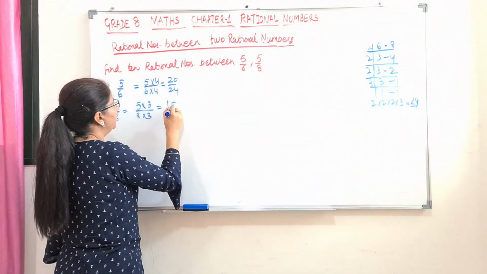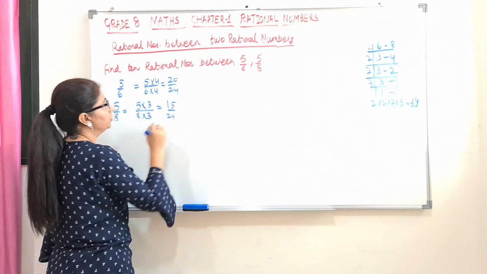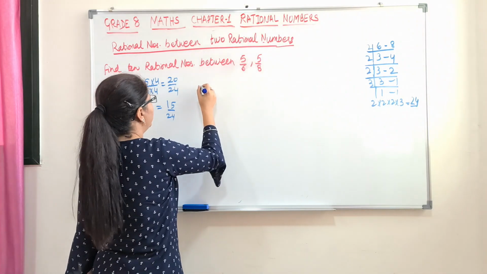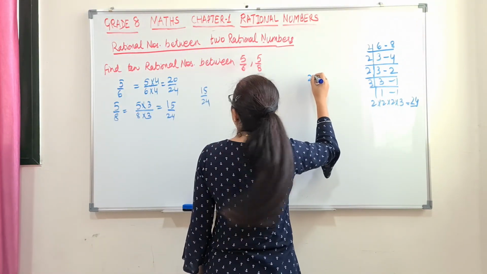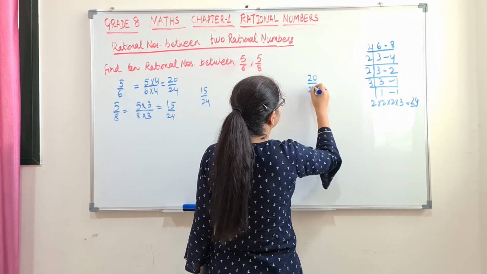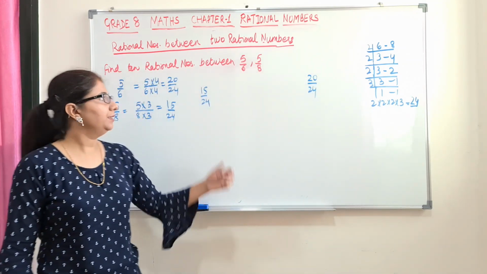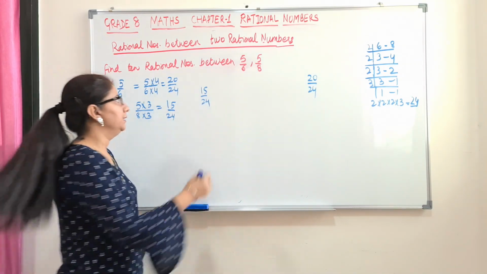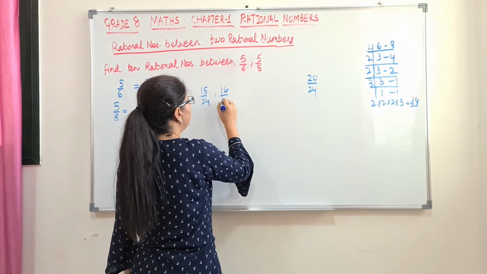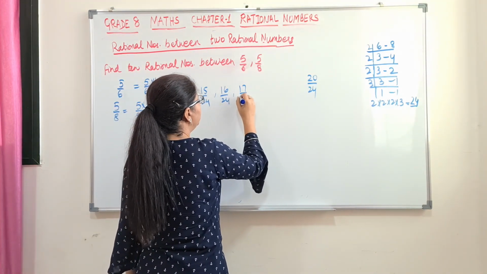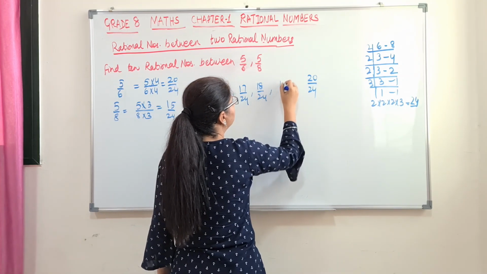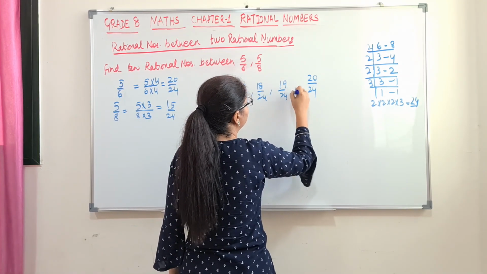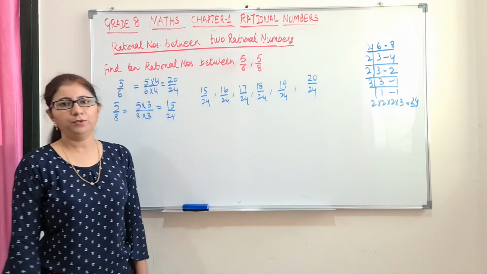So 15 by 24. So we have two numbers, 15 by 24 and 20 by 24. We can write the numbers in between them: 16 by 24, 17 by 24, 18 by 24, 19 by 24 and then our 20 by 24.